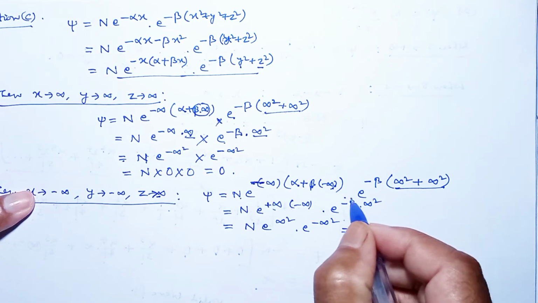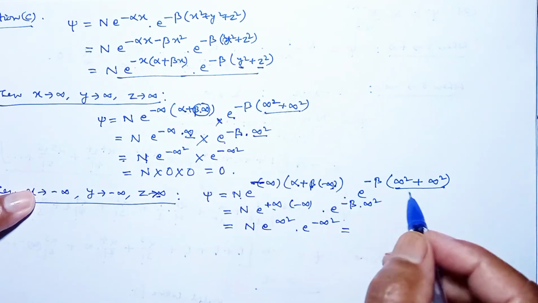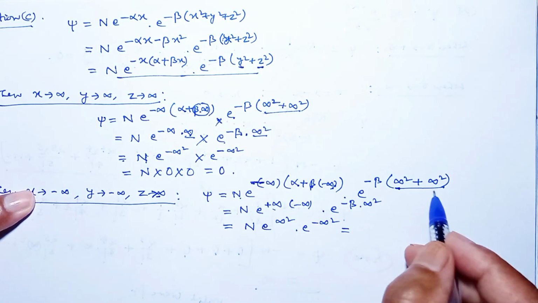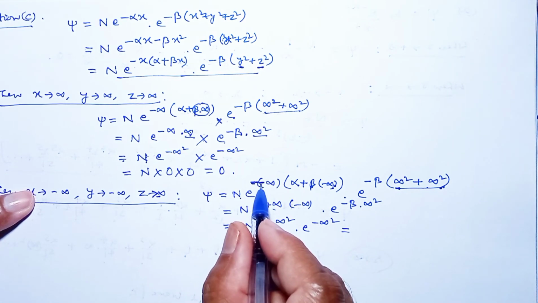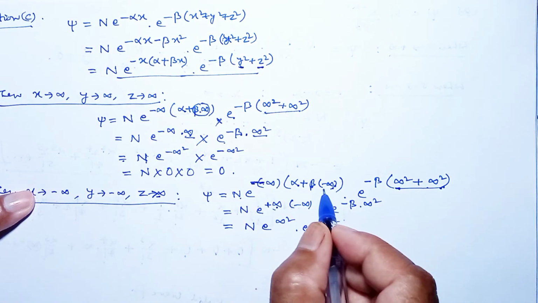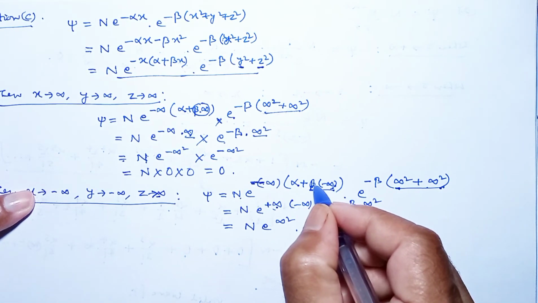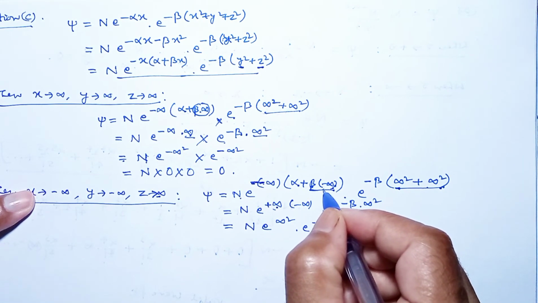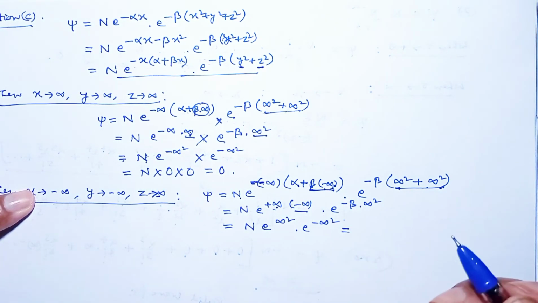This comes out to be e raised to minus beta times minus infinity square, it means infinity square, and minus infinity square also means infinity square. So this is N e raised to minus minus plus infinity. Here beta times minus infinity is minus infinity because beta is a finite value. Minus infinity plus alpha, a finite value, is still minus infinity.